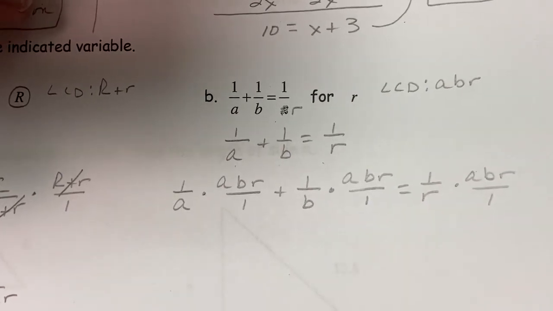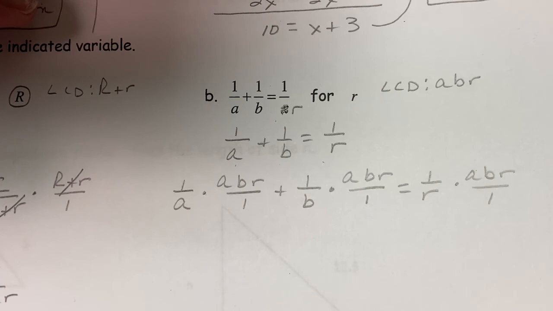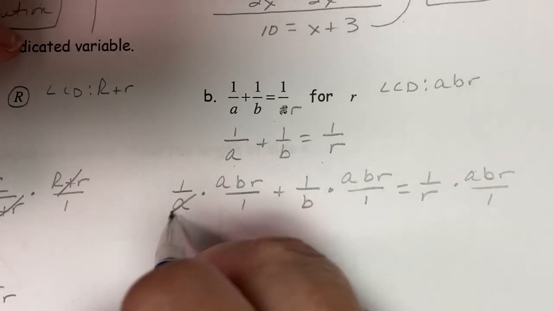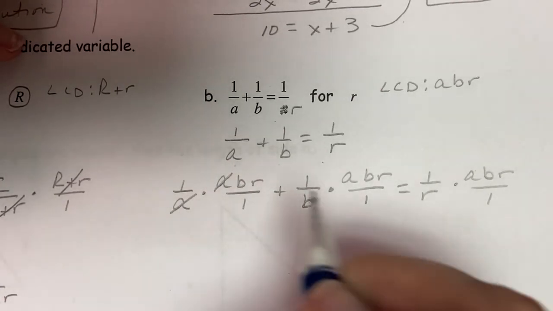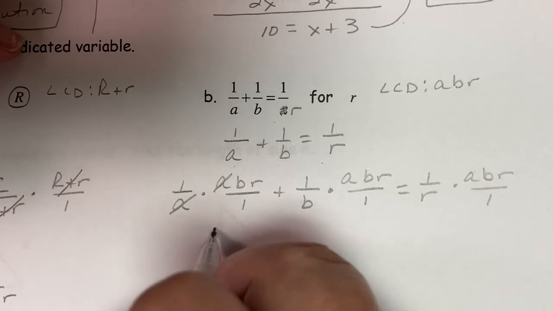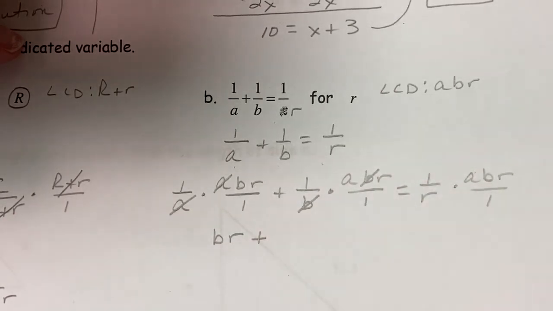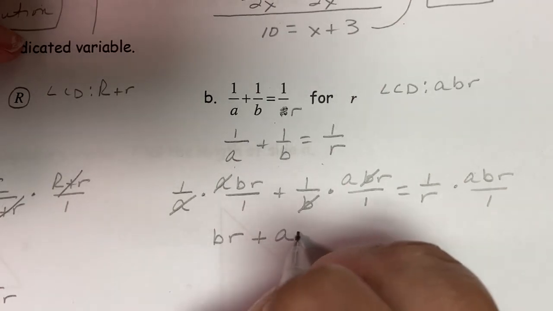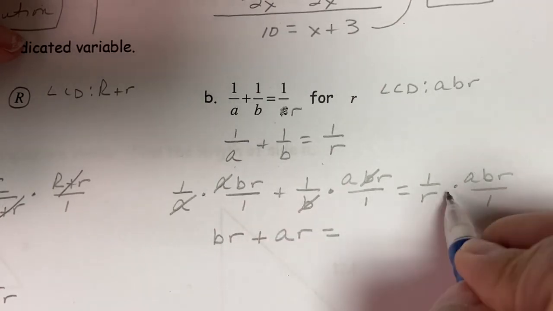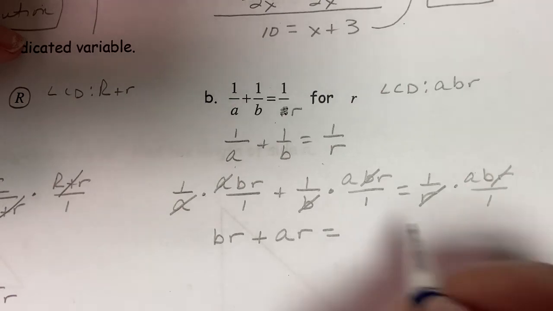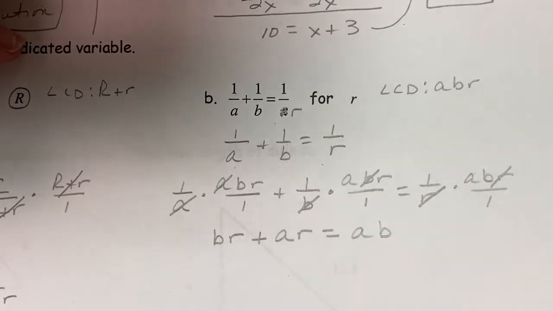And this should eliminate the fractions. So I go ahead and the A's cancel, and you can see that I'm left with BR plus, here the B's cancel, and I'm left with AR is equal to, on the right-hand side, the R's cancel, and I'm left with AB.